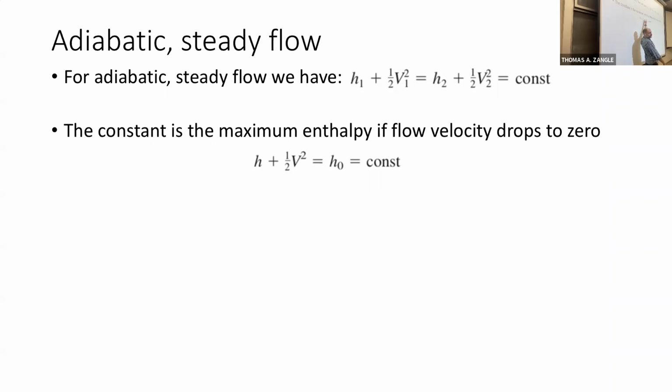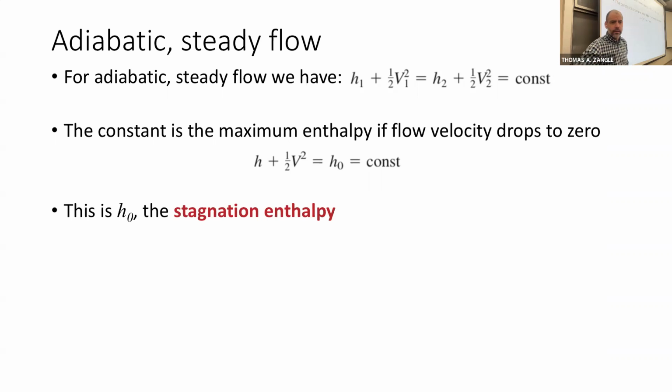So in ideal situations, slow the flow down to 0, then that will give us the maximum possible enthalpy of the flow. And we'll call that H naught. This H naught is called the stagnation enthalpy. So it's like the enthalpy of the flow, the pressure and internal energy of the flow, if we decelerate it all the way to 0 isentropically.